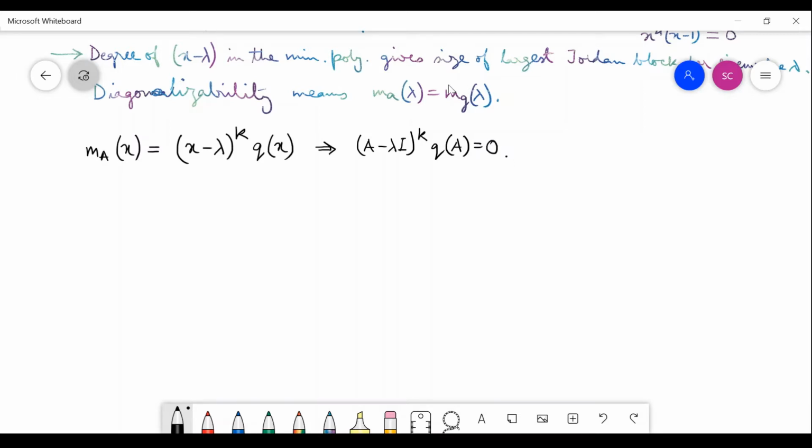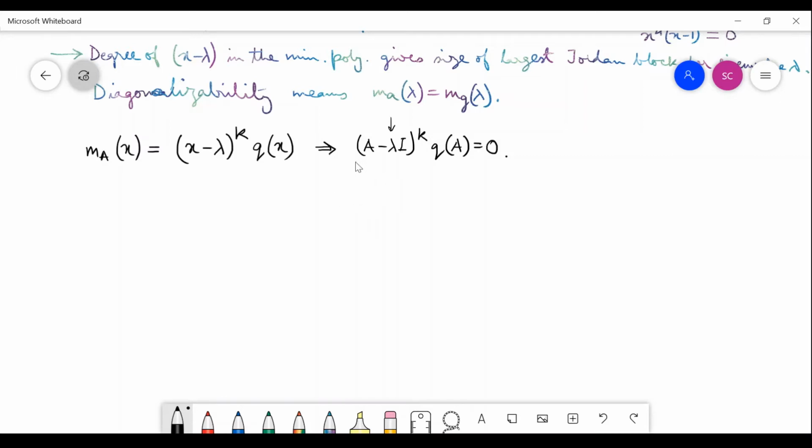I am interested in the eigenvalue lambda and the eigenvectors associated with it. Okay, so let us do some simple mathematical analysis and then lead to the conclusion.